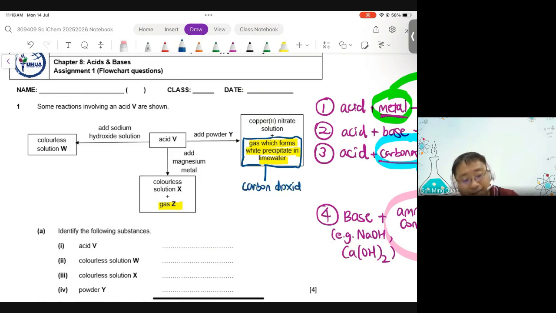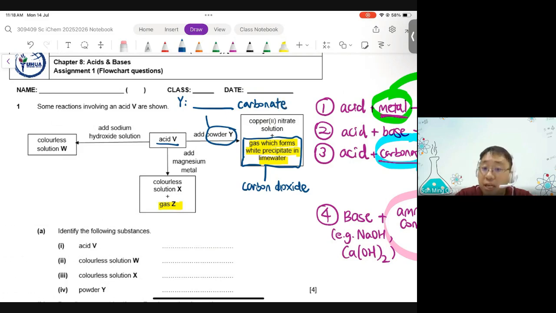This white precipitate in lime water is the observation for a gas called carbon dioxide. So this gas is carbon dioxide. What did we say about carbon dioxide? Carbon dioxide must have been formed by reacting an acid with a carbonate. So if V is the acid, this means that Y is the carbonate. Now, we do not know what carbonate it is yet. Leave a blank, blank carbonate.